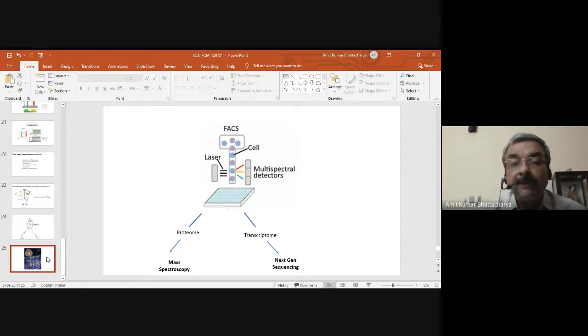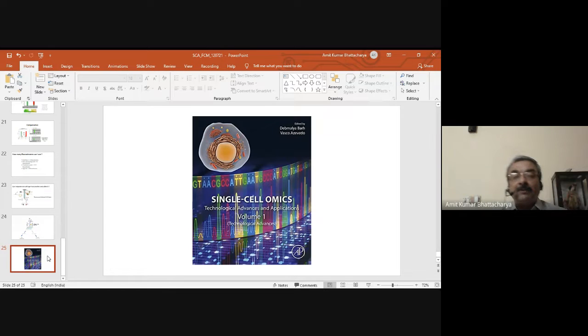So this is what therefore brings us to the subject of single cell multi-omics. On a single cell you can do total omic analysis.